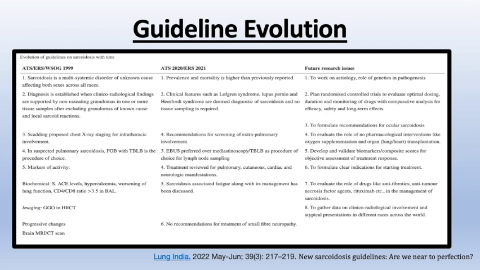In the ATS 2020 and the consecutive ERS 2021 guideline, which will be my next video, it was spoken about how the prevalence and mortality is increasing, certain clinical features being more diagnostic than others, recommendations on extrapulmonary screening and involvement were also given. The diagnostic algorithm changed from conventional TBNAs to EBUS.